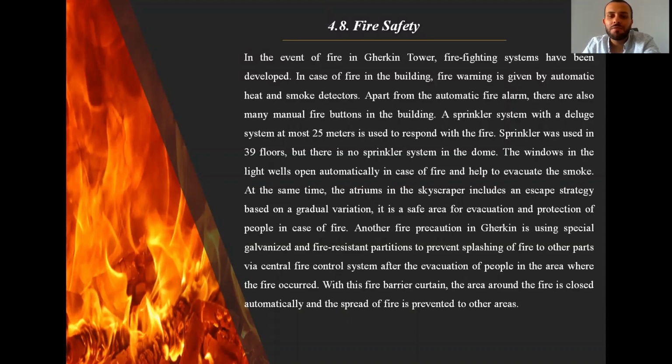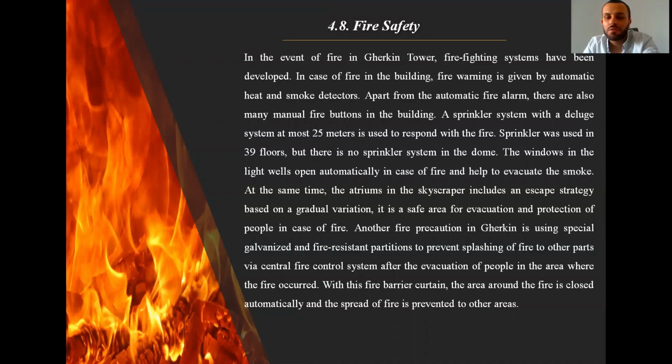The windows in light wells open automatically in case of fire and help evacuate the smoke. At the same time, the atriums in the skyscraper employ an escape strategy based on vertical vegetation. It is a safe area for evacuation and protection of the people in the case of fire.